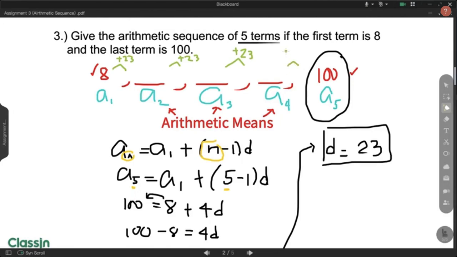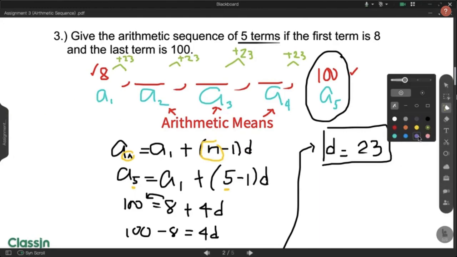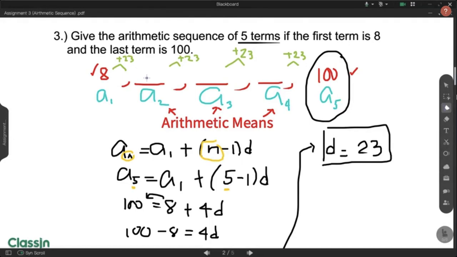Let's finish this first. 8 plus 23 is 31. 31 plus 23 is 54. 54 plus 23 is 77. And 77 plus 23 is 100.